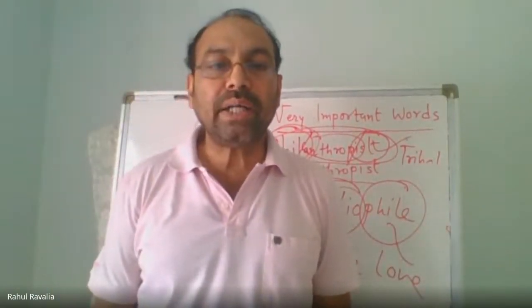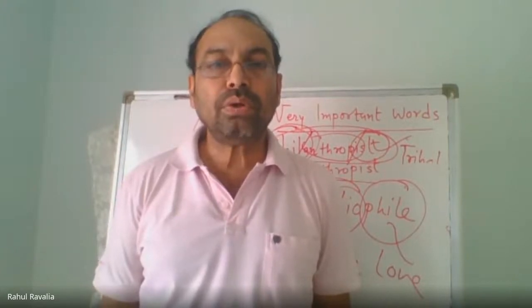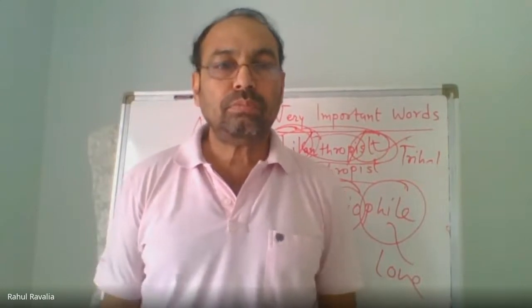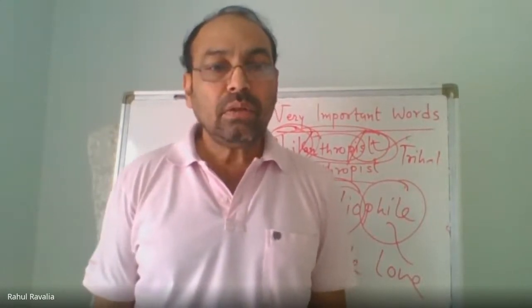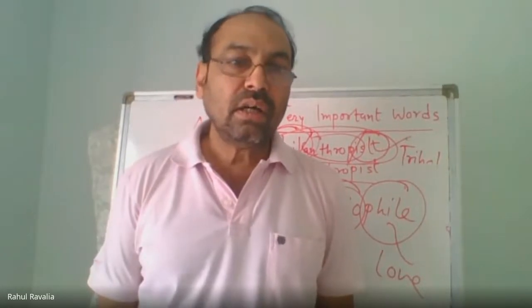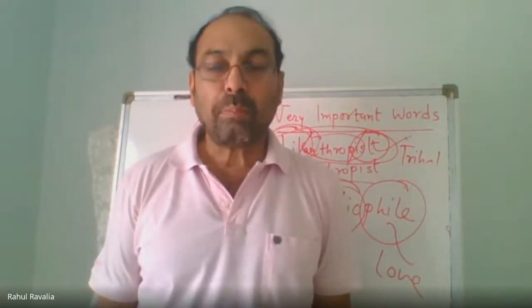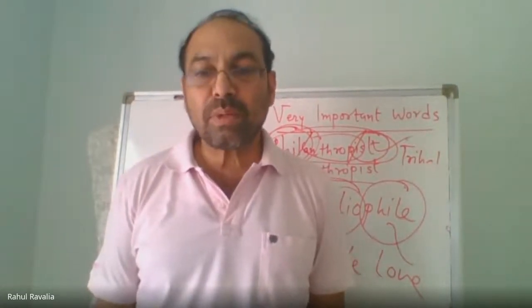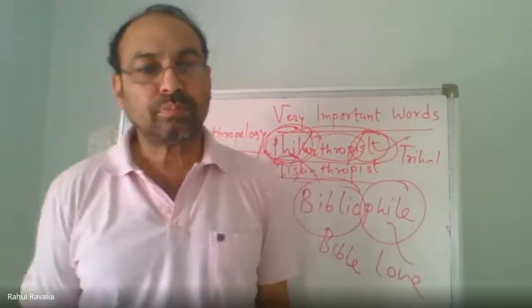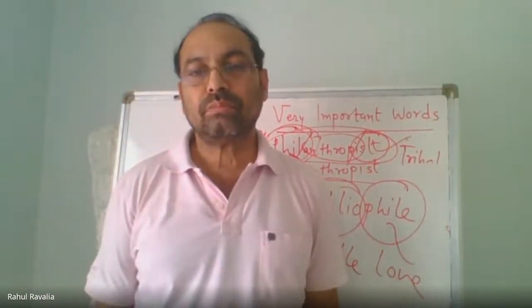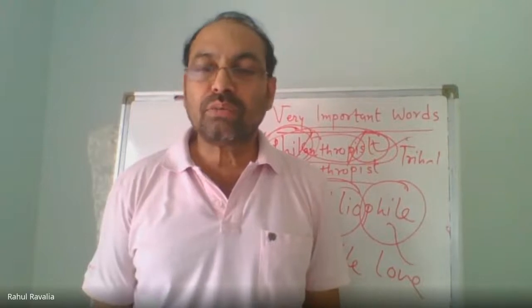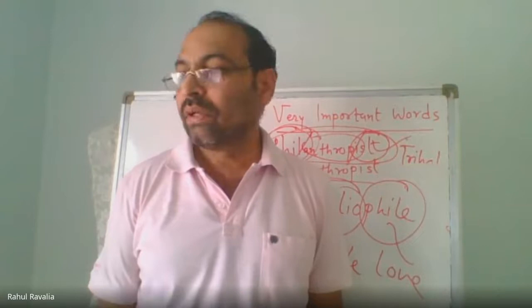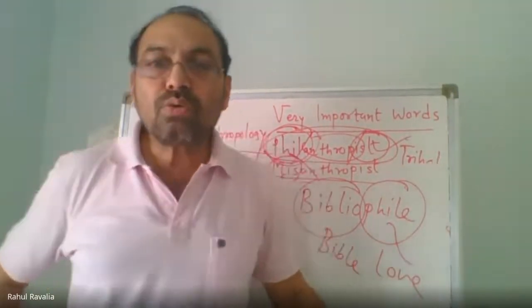Anthrop, humankind or mankind. IST makes a person noun. Now the total meaning: a person who loves mankind.